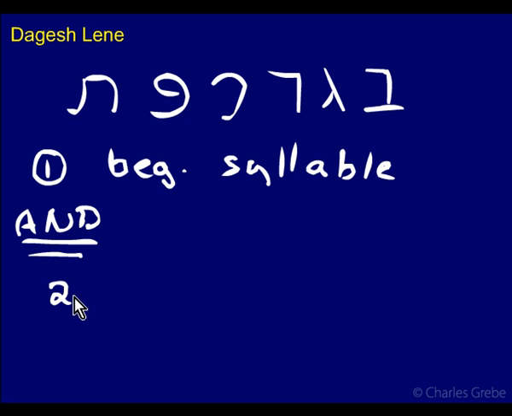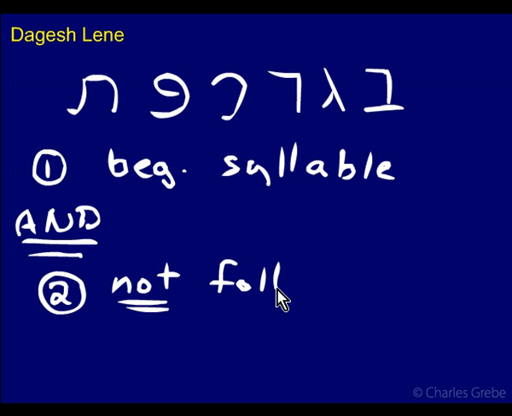Secondly, it must not follow a vowel. So no preceding vowel. Beginning of syllable and no preceding vowel. That's where you'll see a Begad Kafat letter having a Dagesh Lene. Dagesh Lene will be in one of these letters if these conditions are met.